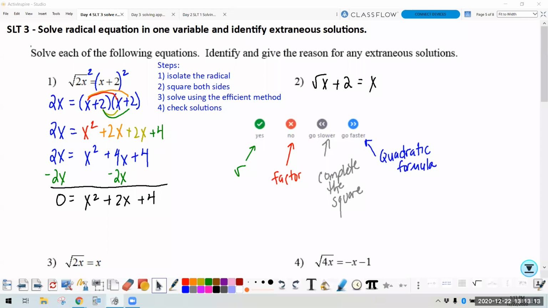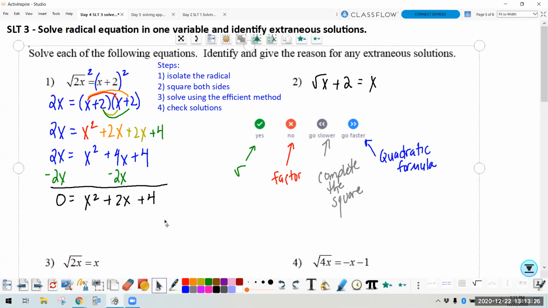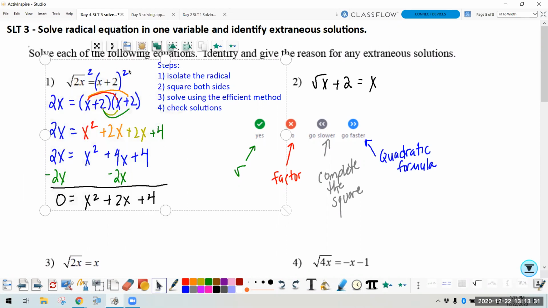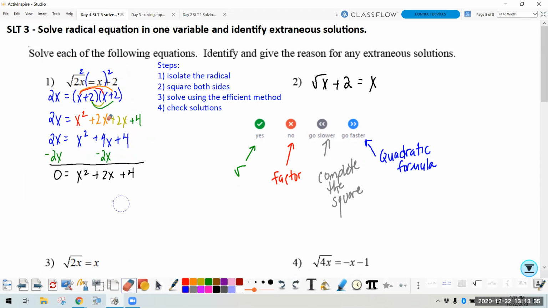It is complete the square because it doesn't factor. B is even and A is 1. So let's complete the square. I need a little extra room.